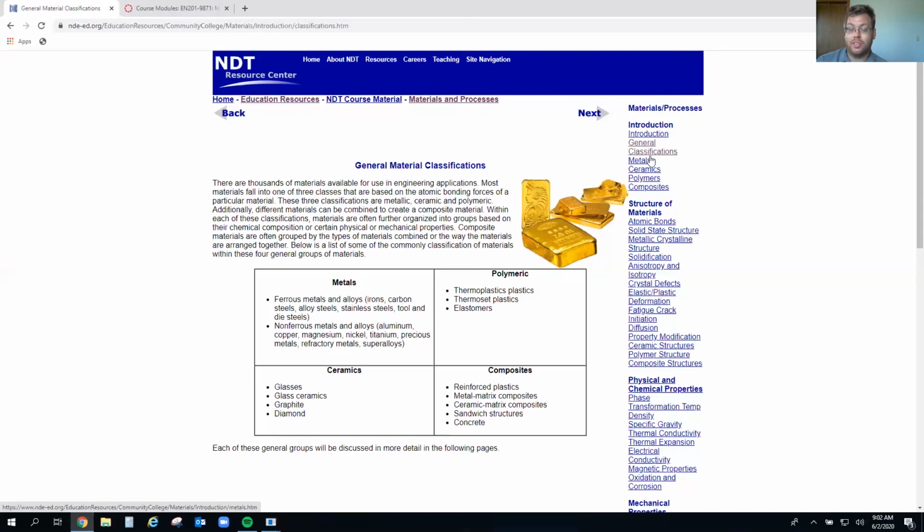The composites take a few different types. Reinforcement. Reinforcement of material is quite common, especially in the plastics. Metal matrix or ceramic matrix. A pre-existing, usually honeycomb material is filled in with some sort of other material. Sandwich structures.